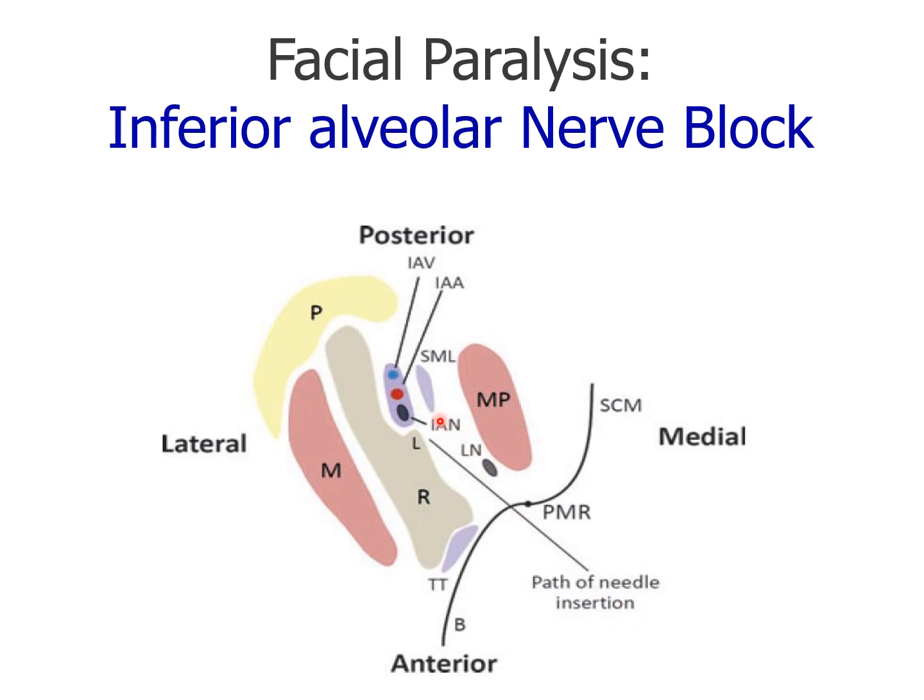That's where you insert your injection needle when giving inferior alveolar nerve blocks, and you can clearly see that the path of insertion is such that if the needle is advanced too much, anywhere above 3 centimeter into the pterygomandibular space, it can be very close to the parotid gland and can anesthetize the branches of the facial nerve, which will translate clinically into paralysis of the facial nerve on the ipsilateral side.